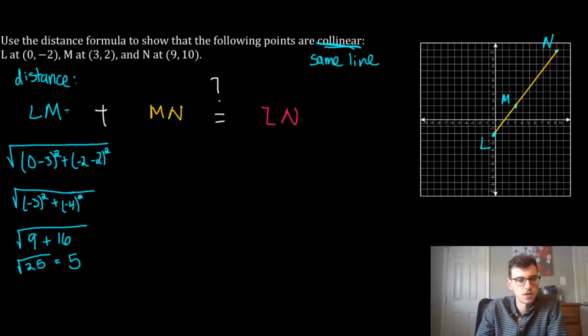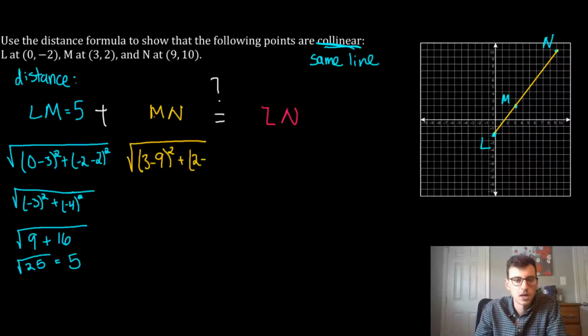Now let's check out MN. MN is the square root of (3 minus 9) squared plus (2 minus 10) squared.